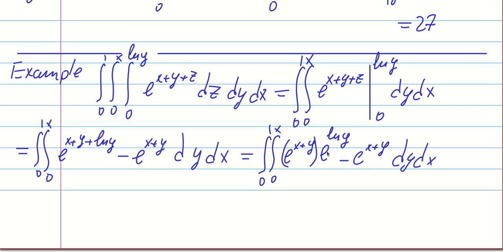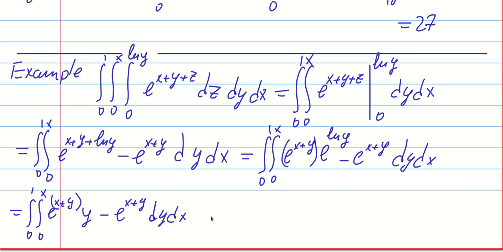And e to the ln of y is just y, so we're going to get integral from 0 to 1, integral from 0 to x, e to the x plus y times y, minus e to the x plus y, dy dx.